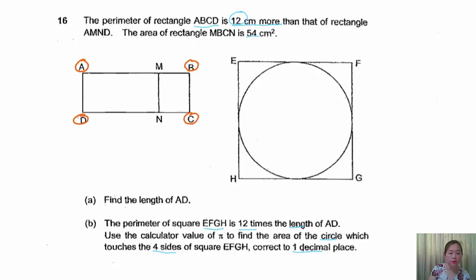Then we have AMND, which is from here to here to here and then to here. So right now, this is the length of ABCD, the yellow line.